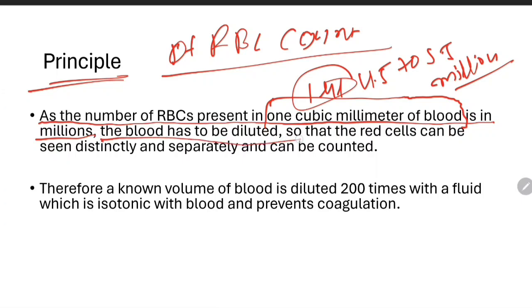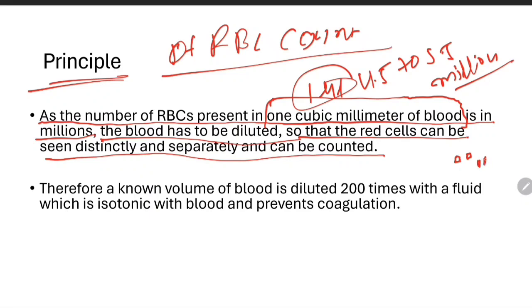The blood has to be diluted so that the red cells can be seen distinctly and separately and can be counted. Why? 1 microliter is a very, very small volume. Just see the scale and see what 1 millimeter is. It's very, very small, like this. This is the 1 millimeter.